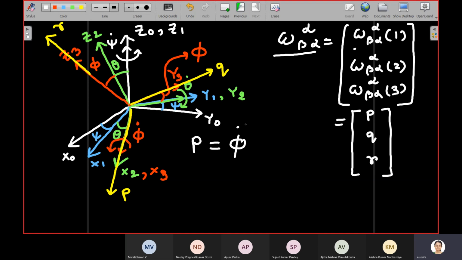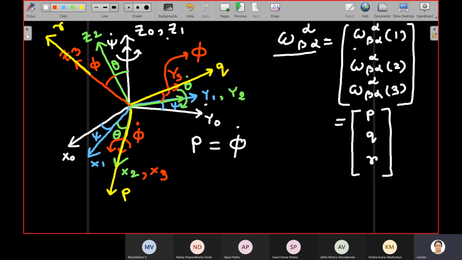So psi dot is perpendicular to y1, right? Because z1 is perpendicular to y1, correct? And psi dot is also perpendicular to y2 because y1 and y2 are the same. Yes or no? y1 and y2 are the same, right? So psi dot is perpendicular to y2 also, correct?